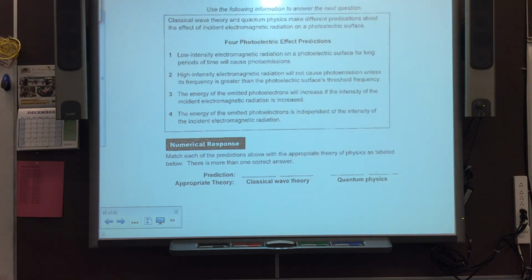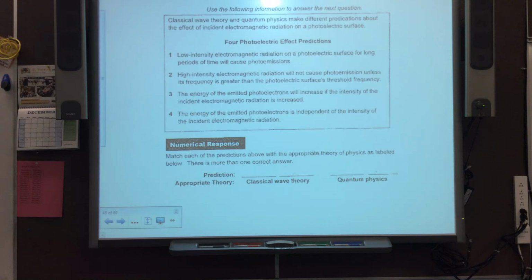Classical wave theory and quantum physics make different predictions about the effect of incident electromagnetic radiation on a photoelectric surface. So there's 4 predictions that are made. Low intensity electromagnetic radiation on a photoelectric surface for long periods of time will cause photoemissions. High intensity electromagnetic radiation will not cause photoemissions unless its frequency is greater than the photoelectric surface threshold frequency.